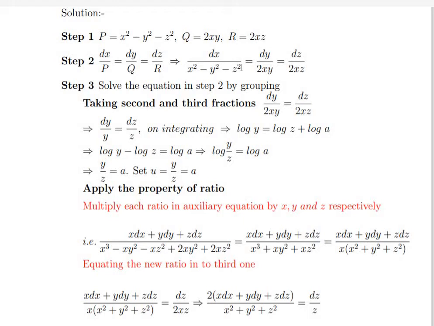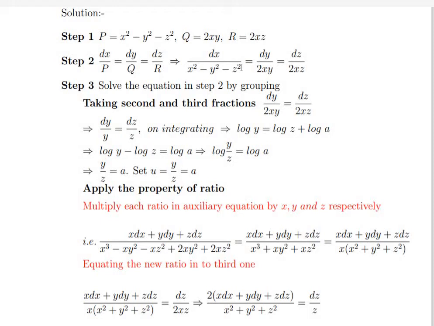On operating those like terms, we'll get it as xz square, and also 2xy square minus xy square, we can write it as xy square. So the denominator got simplified as x cube plus xy square plus xz square, and from these terms we can take x common outside. So in the denominator it will become x into x square plus y square plus z square.